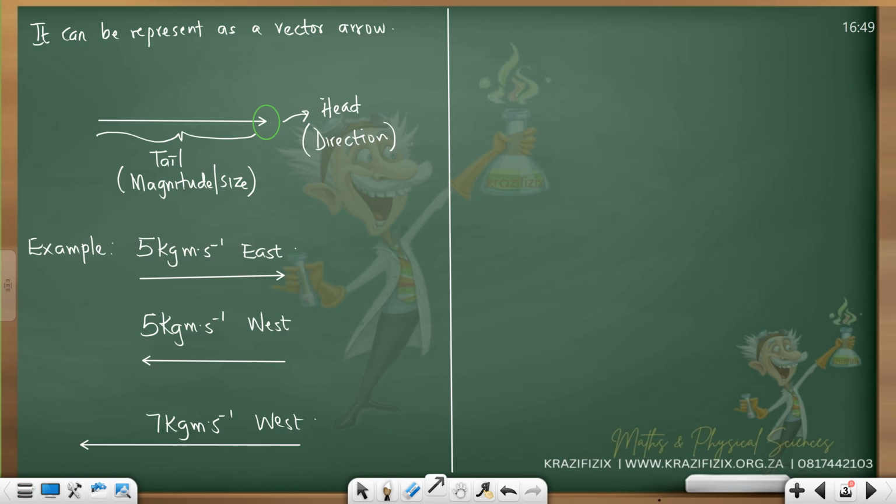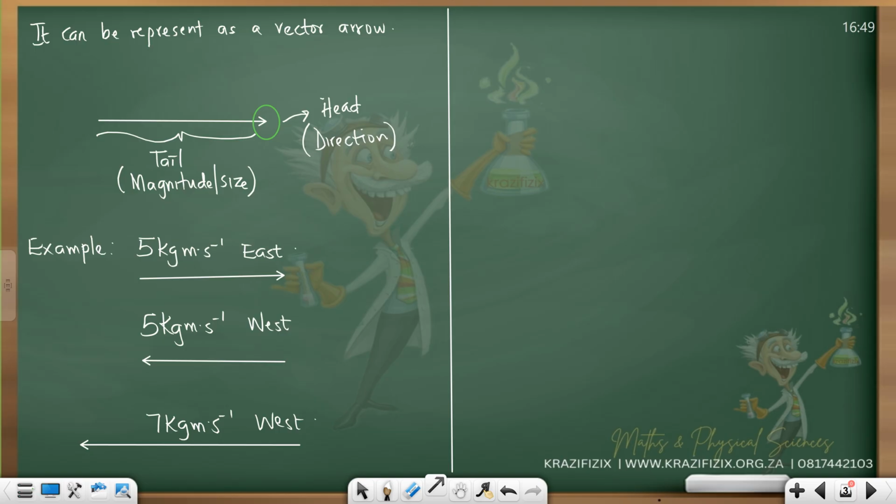Now, our next concept would be the change in velocity, which would cause us to talk about a change in momentum. What do I mean by a change in velocity? The velocity of an object can change, hence we can then talk about a change in momentum.